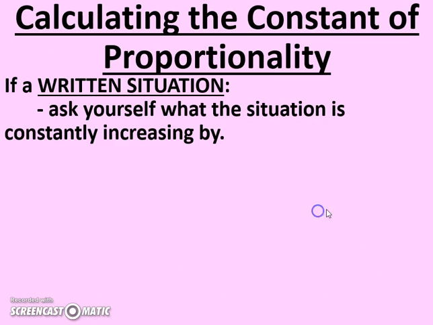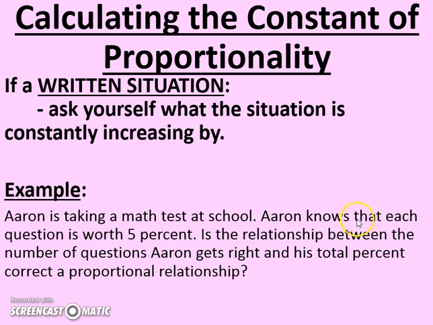So let's look at a few different ways that we can find the constant of proportionality. If it is a written situation, just like the one we just looked at with Ben, ask yourself what the situation is constantly increasing by. So here's an example. Aaron is taking a math test at school. Aaron knows that each question is worth 5%. Is the relationship between the number of questions Aaron gets right and his total percent correct a proportional relationship?